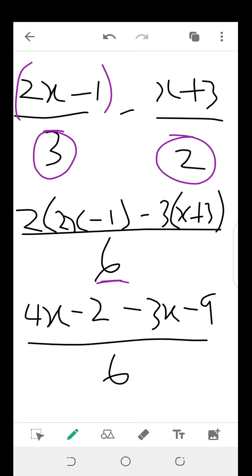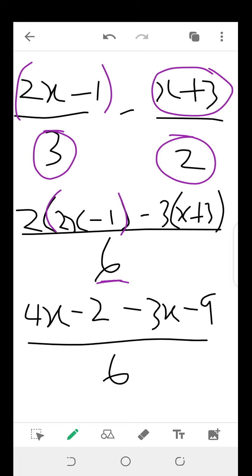Let's expand it. 2 times 2x will give us 4x, minus 2 times 1 will give us 2. Then we bring our operation sign, which is minus, and 6 divided by 2 is 3, and we use that 3 to multiply the numerator of the second fraction, and it will be 3 into bracket x plus 3.